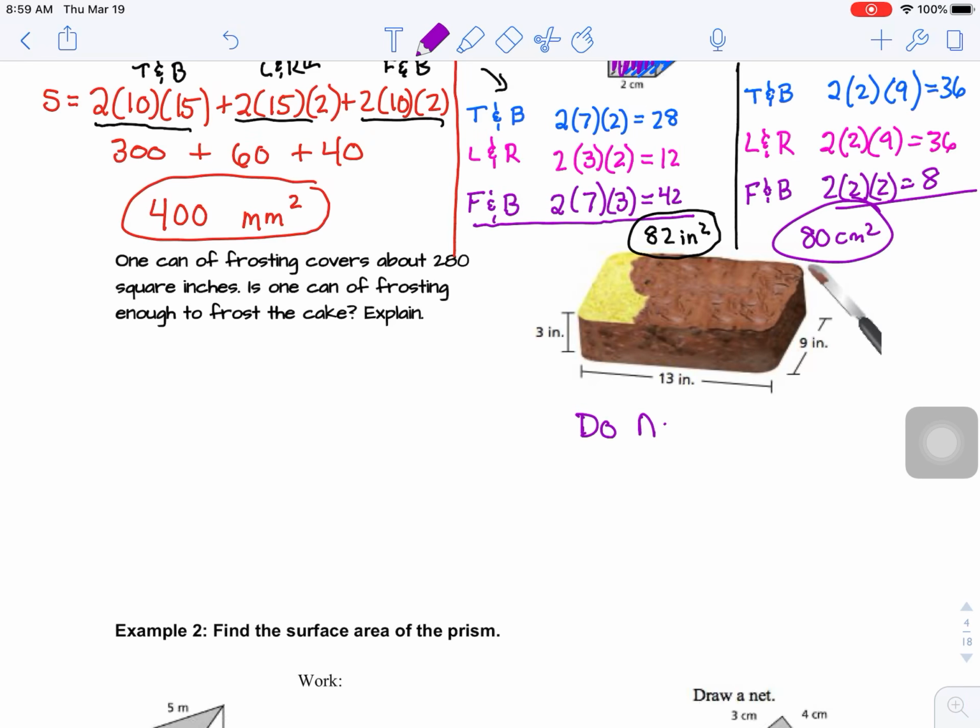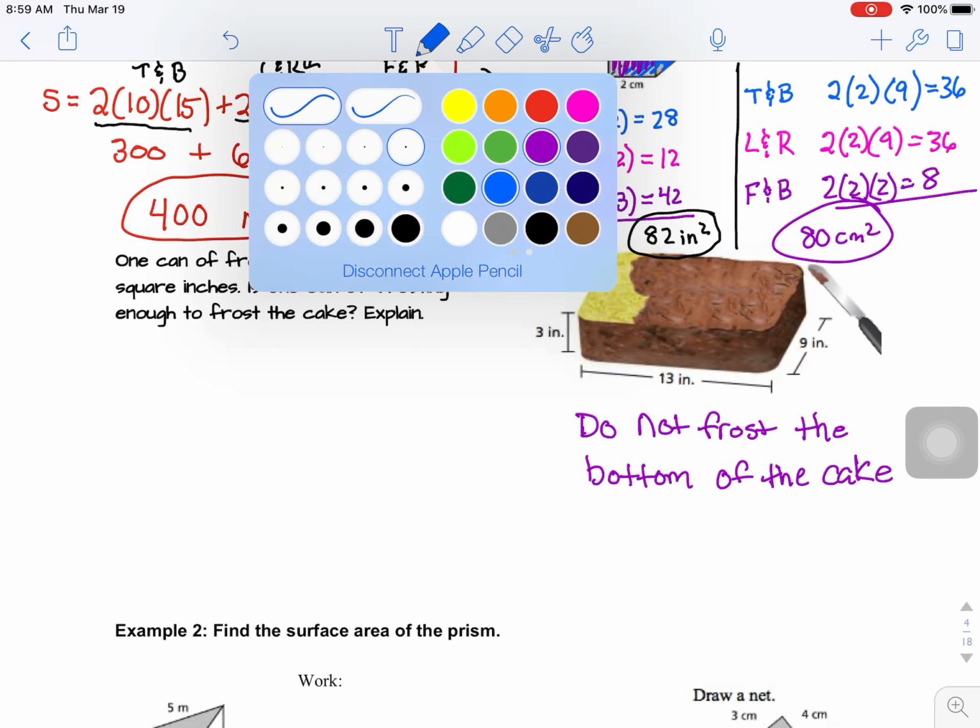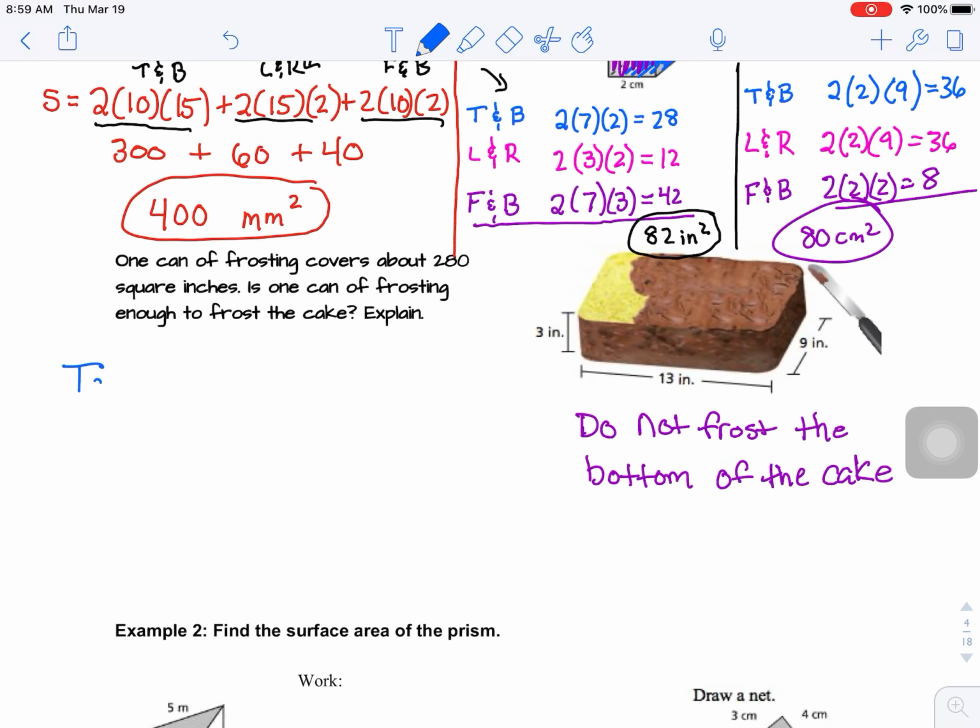So if we go back to what we were doing before, we want the top, not top and bottom, just top. The top of this cake is 13 by 9, which would give me 117.